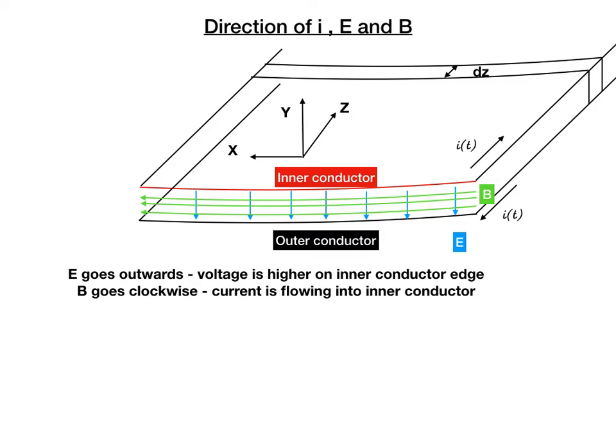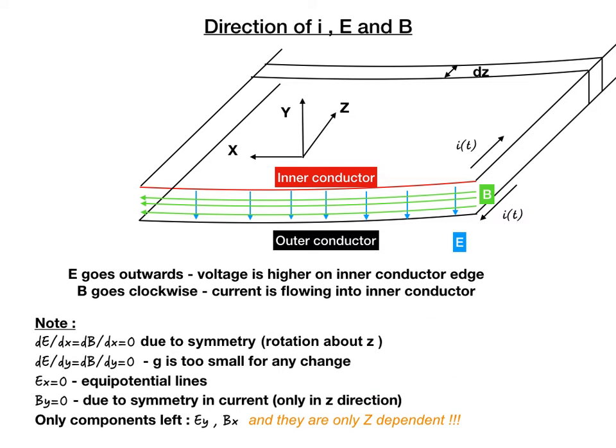So you see the arrows going downwards, which is the negative y direction. The direction of the magnetic field is going around the circle because we're driving current into the inner conductor. So using the right-hand rule, the magnetic field is going around the circle in the clockwise direction.